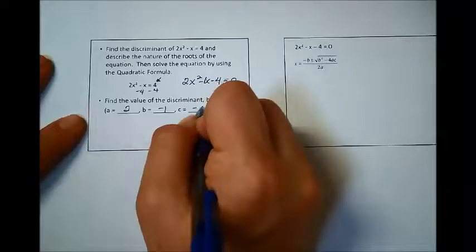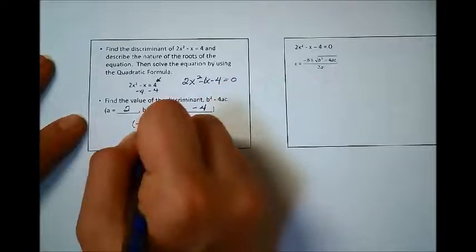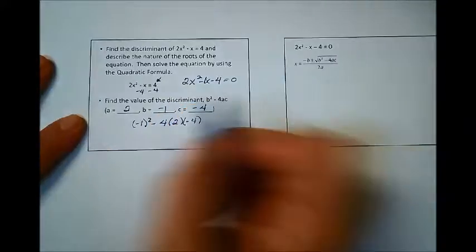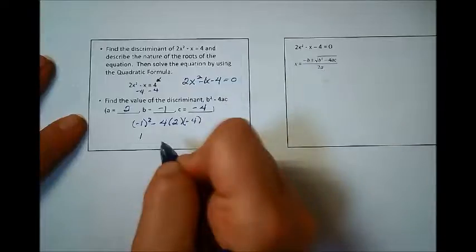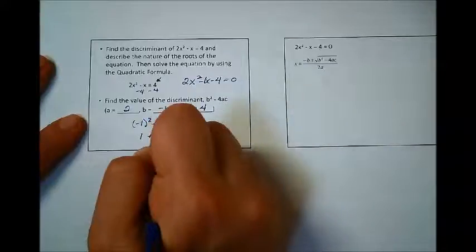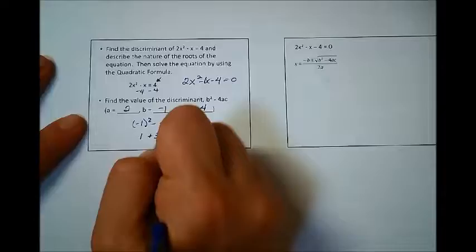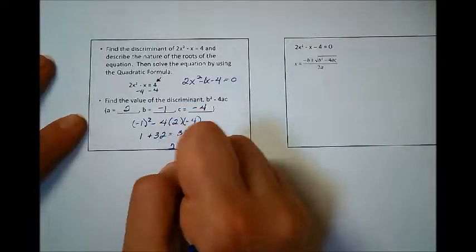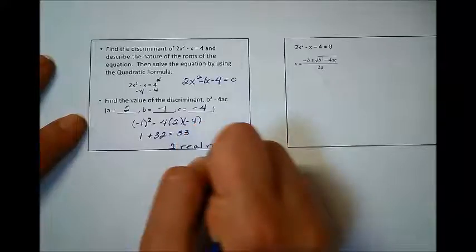So b squared minus 4ac is 1 plus 32, which is 33. So yet again, we have two real roots.